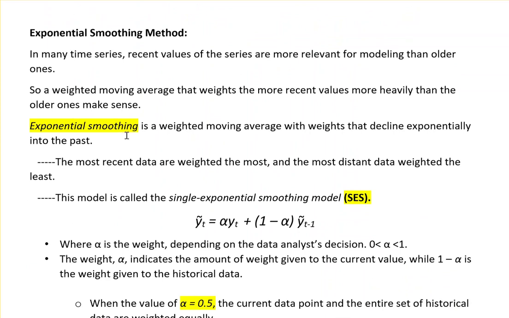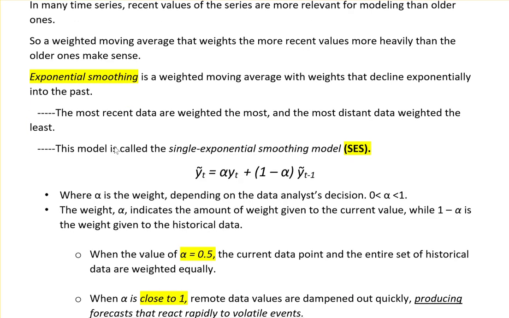Exponential smoothing is a weighted moving average with weights that decline exponentially into the past. This is the definition of exponential smoothing, but we just use the reduced formula, so there's no exponential term.